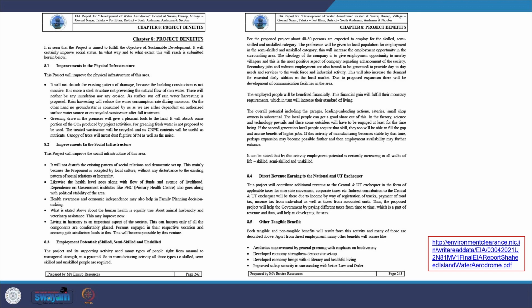And then there will also be other tangible benefits, like aesthetic improvement, developed economy strength, and economic strengthening, and it is also expected to bring literacy and healthfulness and improve safety and security. However, we do not see how this would really be done here, but that's given as a descriptive statement. So that was part of the project benefits. It writes about a number of positive benefits of the project.